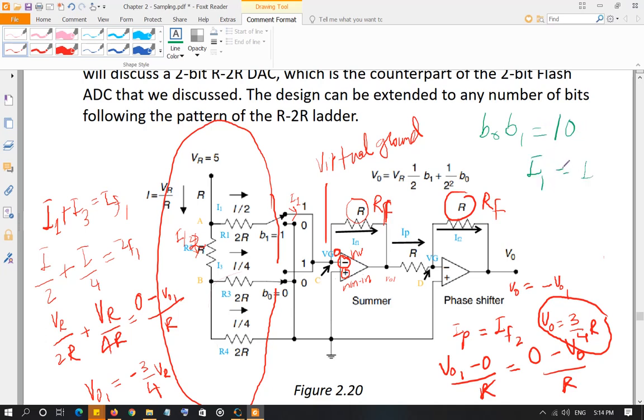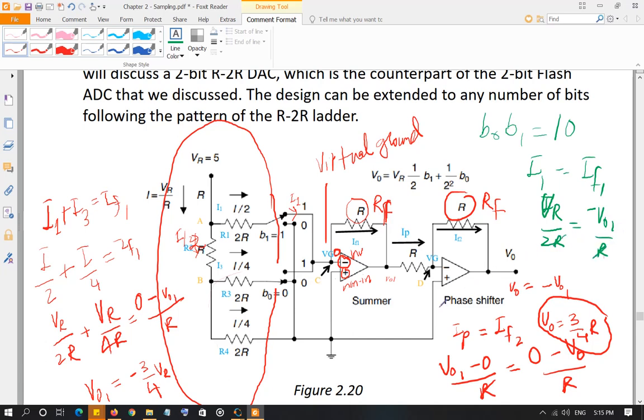I1 will be equal to IF1. So it is going to be I1 is what? I by 2, and I is VR over R. So that's going to be VR over 2R is equal to IF1, which is 0 minus Vout1 over R. So negative Vout1 over R.